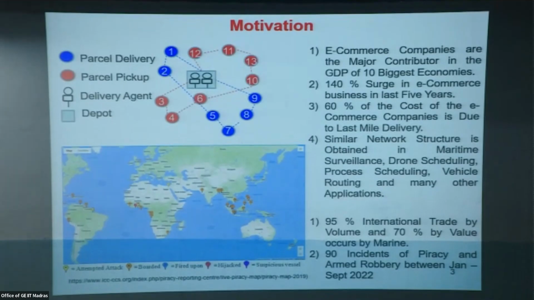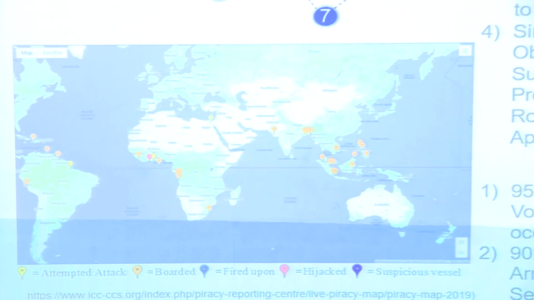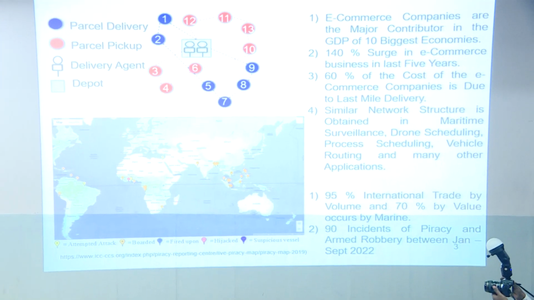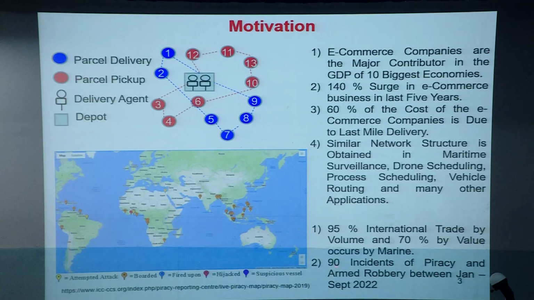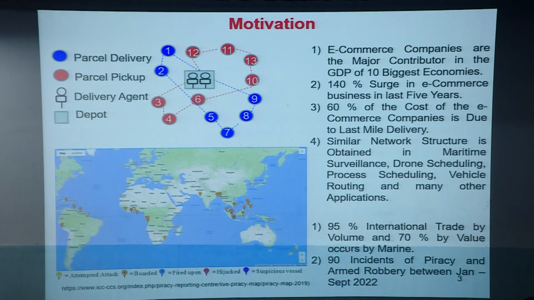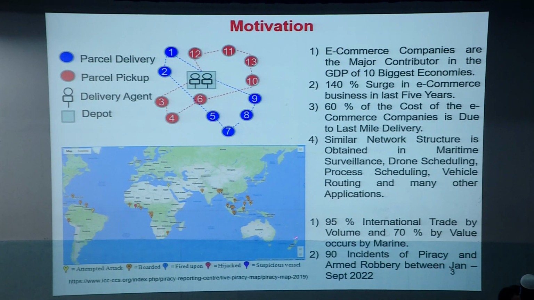If you look at transport through the sea route, almost 95% of international trade occurs by volume and 70% through marine access. And in the last 8 months, if you look at the number of incidents of piracy and armed robbery, you can see almost 90 incidents occur for robbery and other problems.